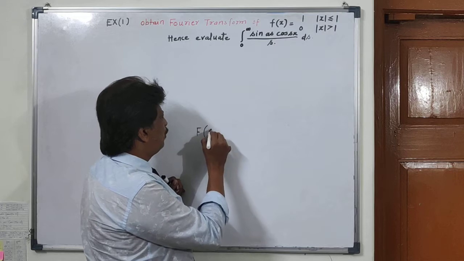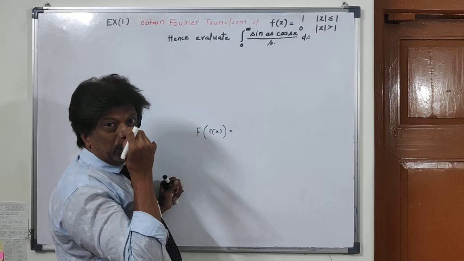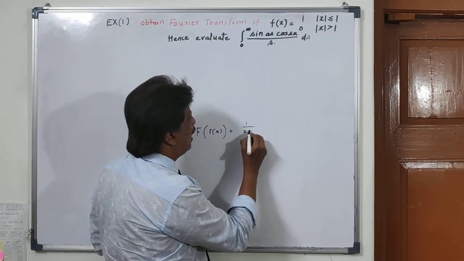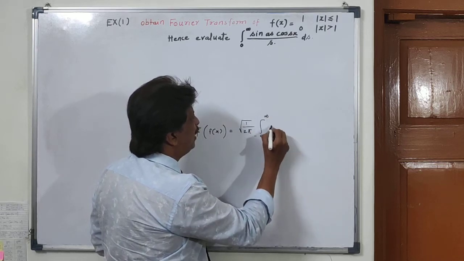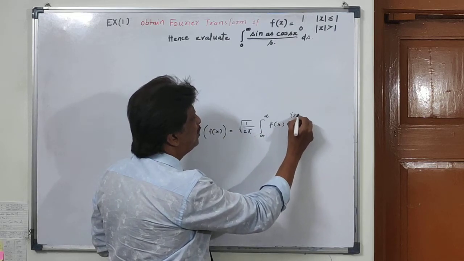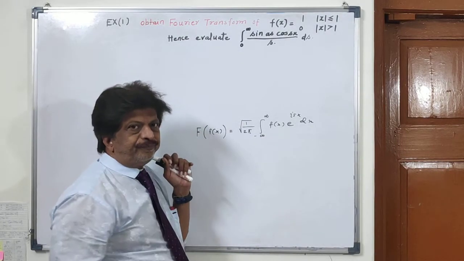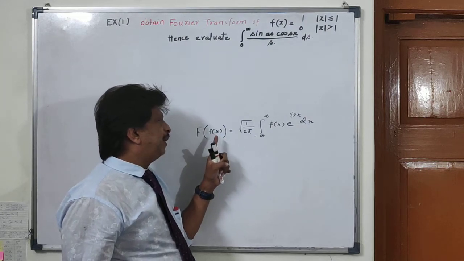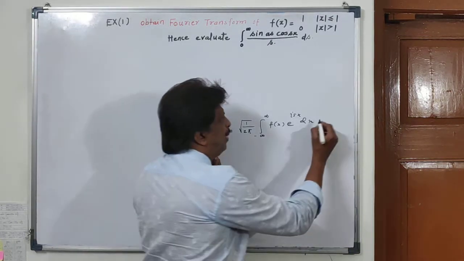Fourier transform of f of x is equal to under root of 1 upon 2 pi integral minus infinity to infinity the function f of x multiplied by e raised to power i s x dx. That is how we obtain the Fourier transform of f of x. It is denoted by f of s.